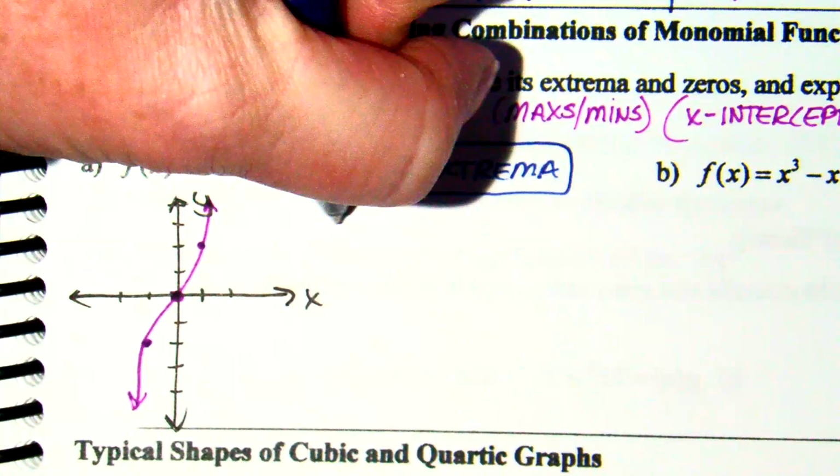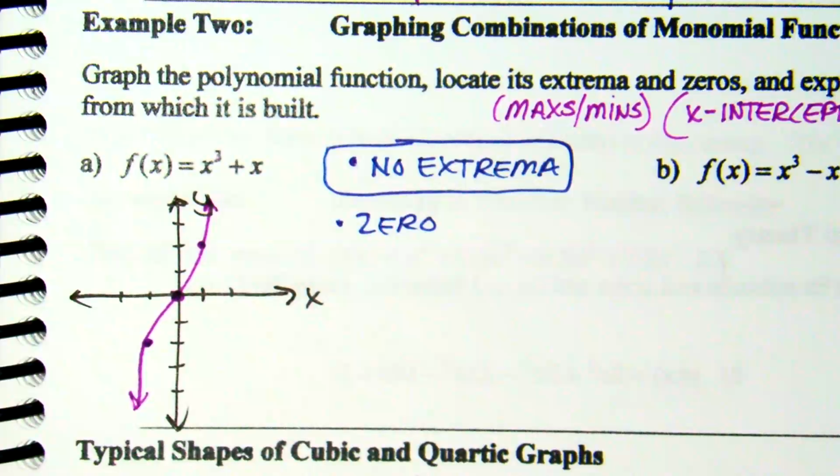We cross the x-axis at (0, 0), but I don't really need the ordered pair. It's at what x value? The x value is 0. So there is a zero at x equals 0.